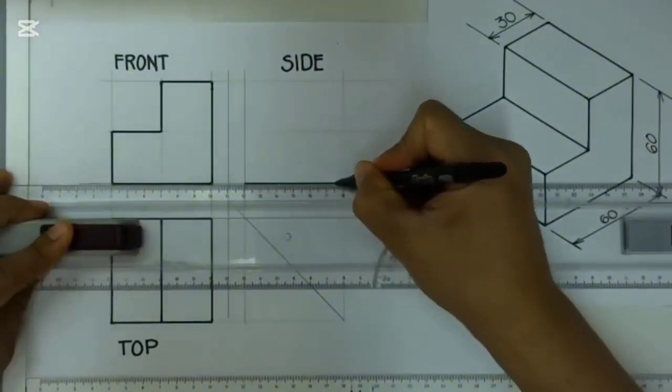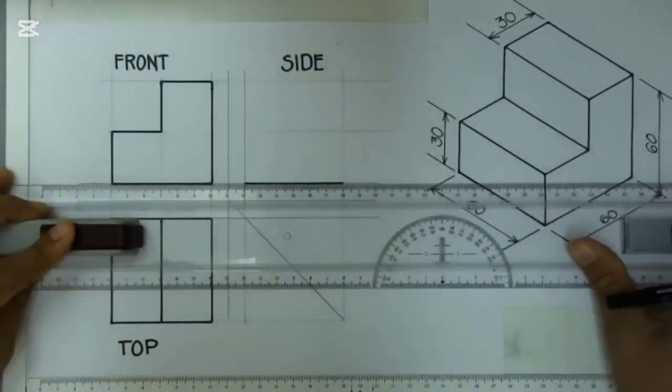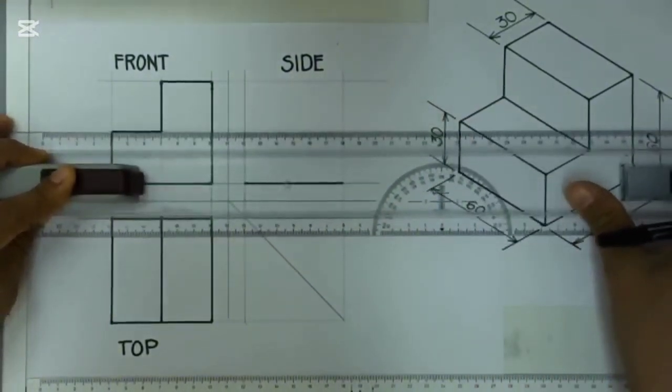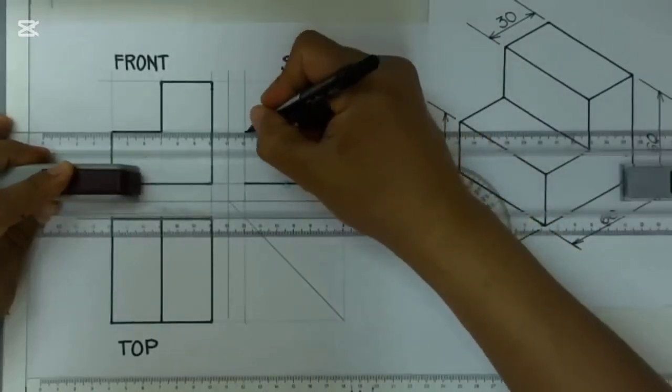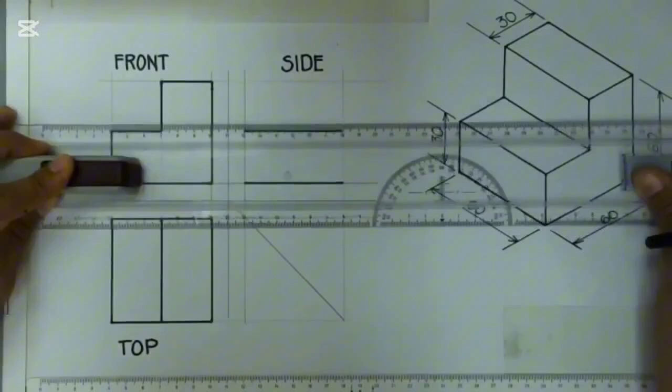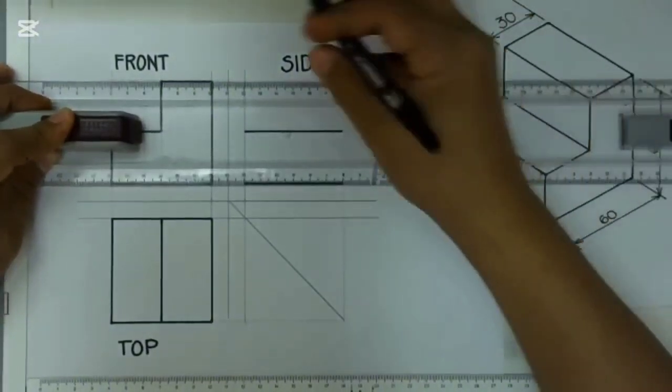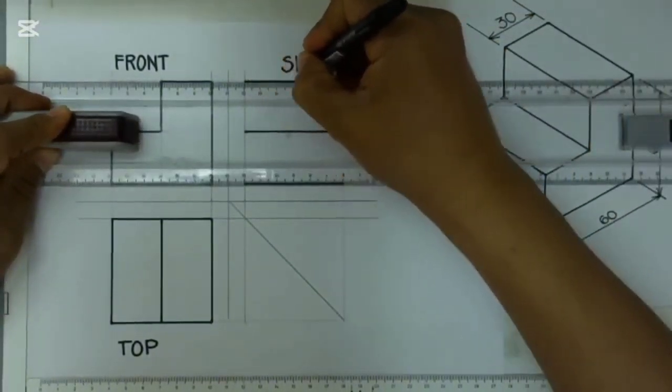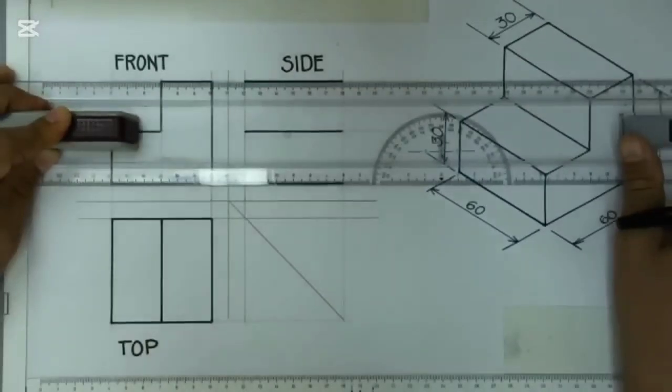From here, going there. Here, up to here. And on top, from this corner up to this corner.